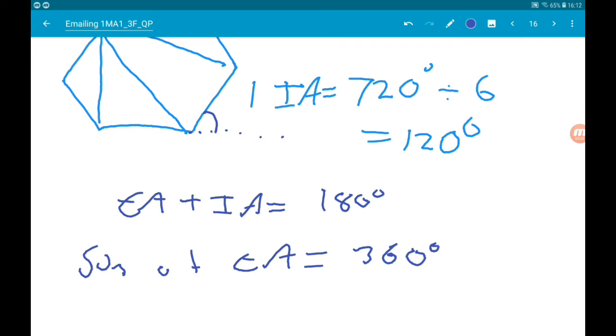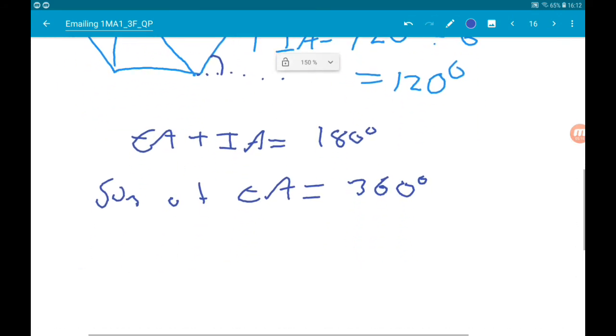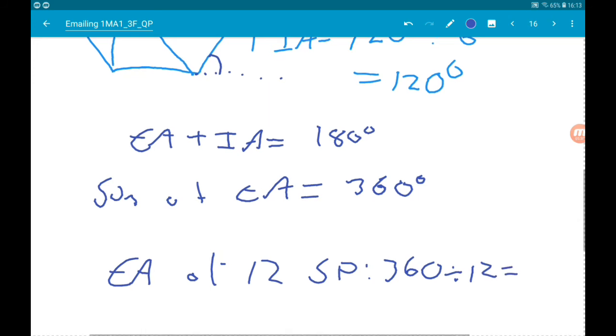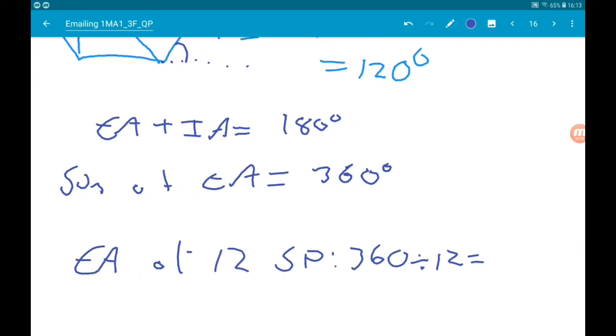Now, a shape has the same number of exterior angles as sides. So, the exterior angle of the 12-sided polygon is 360 divided by 12. Which is 30 degrees.